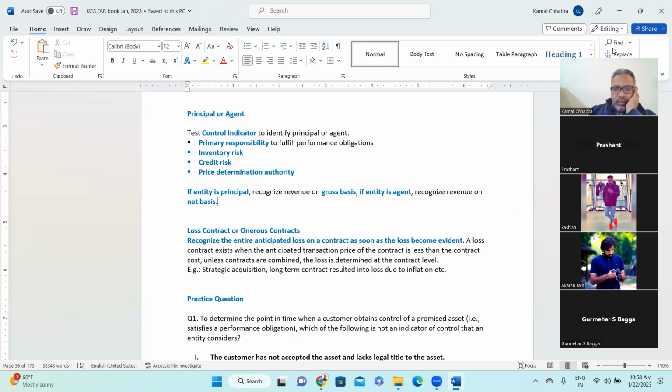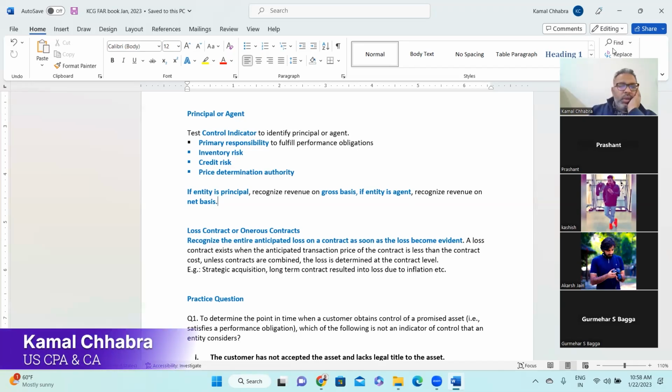I think you have rightly pointed out why we need to identify somebody as principal or agent, because the recognition of revenue is different for both of them. The principal will recognize the revenue on a gross basis, that is total sales, whereas the agent is recognized only on a net basis, that is their commission. For example, you might be dealing with property dealers. They are all agents.